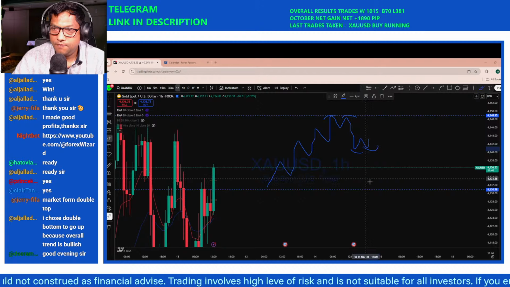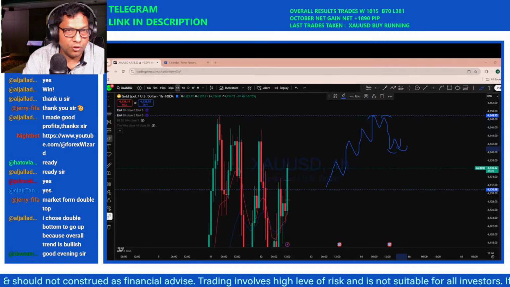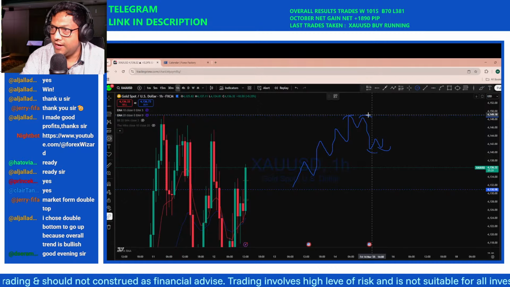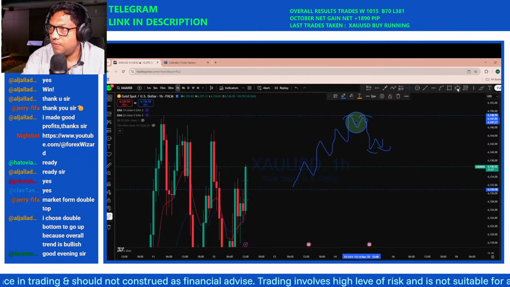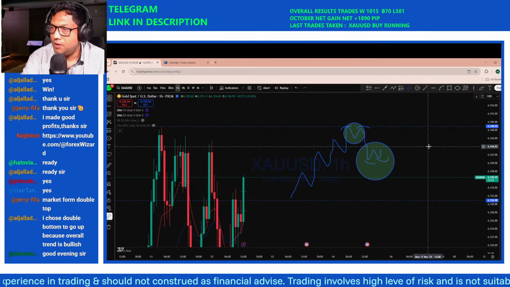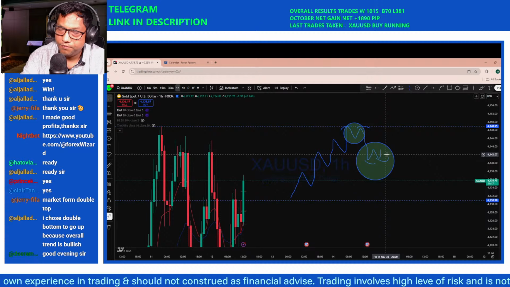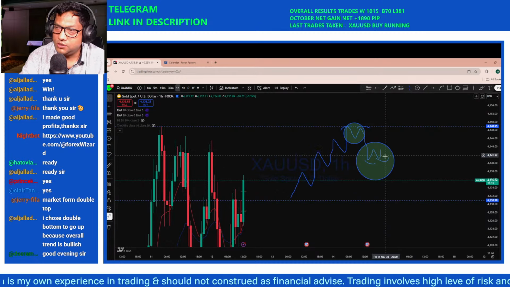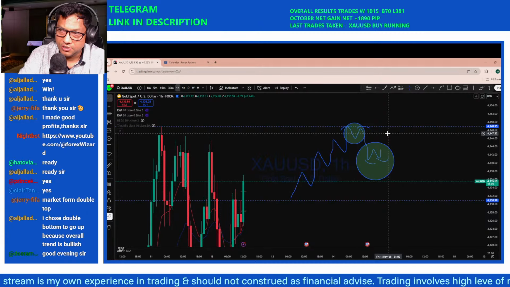You see that the market has broken above here, so in that direction, what we are looking to trade is this double bottom, not the double top, because it is showing you direction in the trend.